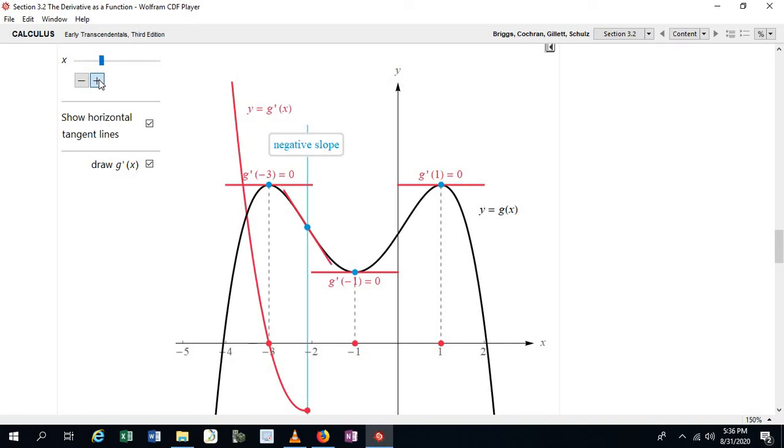The y values in here are going to become less and less negative because the slopes of these tangent lines are becoming less and less negative. And then eventually it's going to be 0.